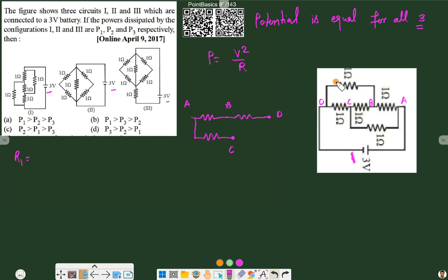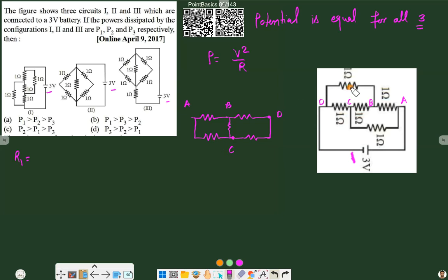So that we already solved. Okay, the next one is C to D. C to D there is 1 ohm resistance, and C and B are connected by a 1 ohm resistance.